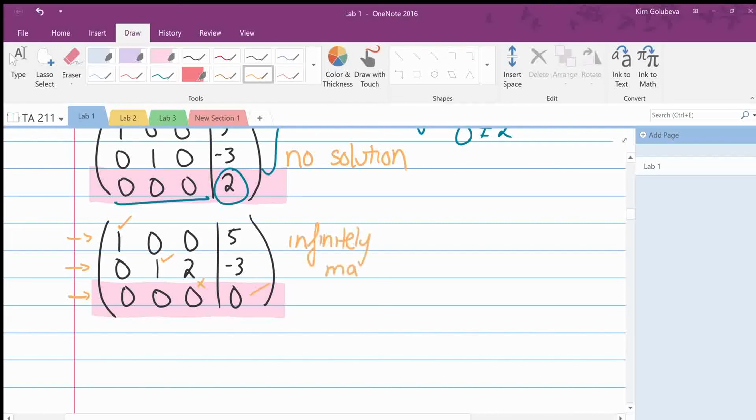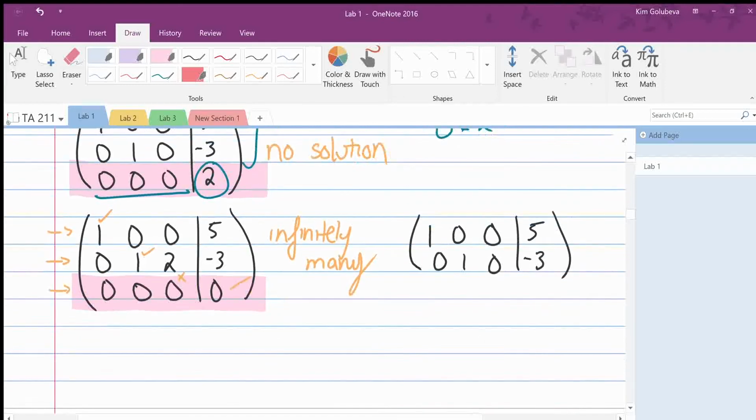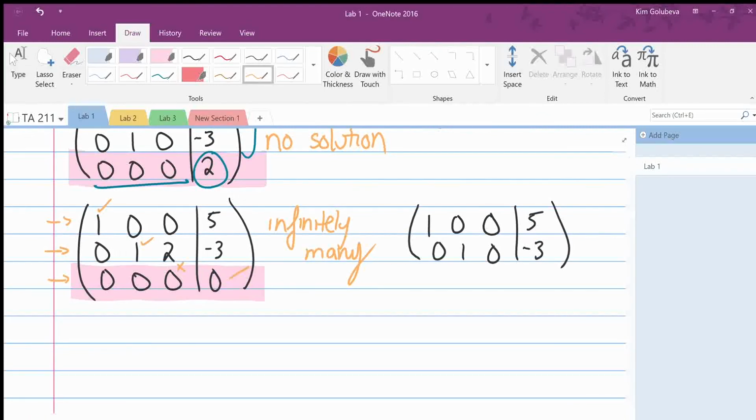There's also one other possibility for infinitely many solutions that you should be on the lookout for, and I'll just do an example of it. So it will look something like this. So you see here, we're going to go through and check our rows and make sure that they have leading ones. So yes, there's a leading one in row 1, and yes, there's a leading one in row 2.